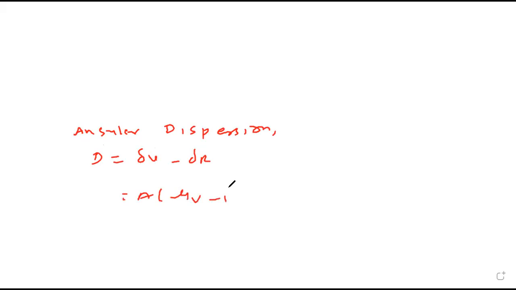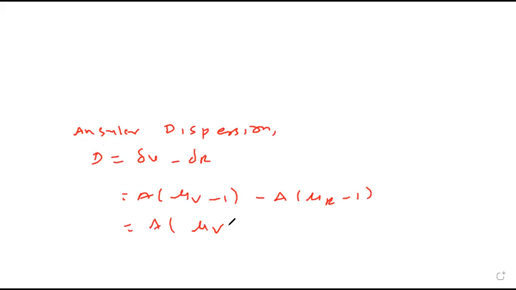Now the same angular dispersion I am converting in terms of refractive index. Angular dispersion D is delta violet minus delta red, that is A into (mu violet minus 1) minus A into (mu red minus 1).